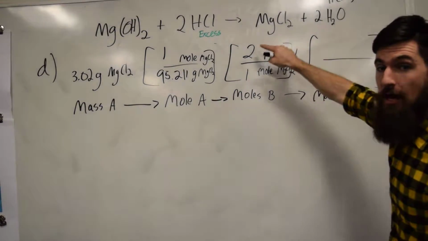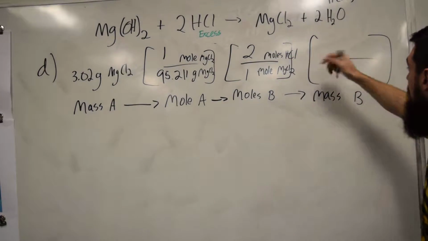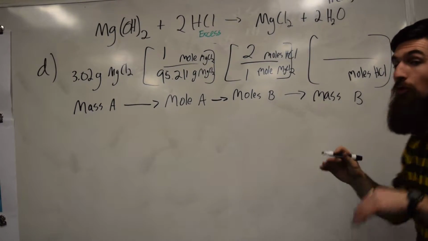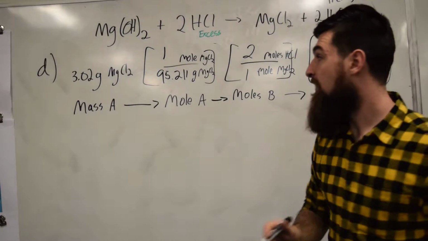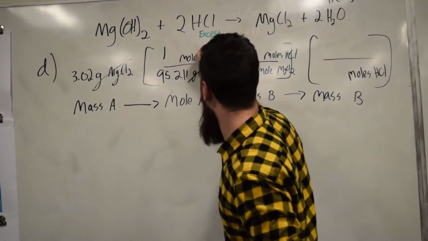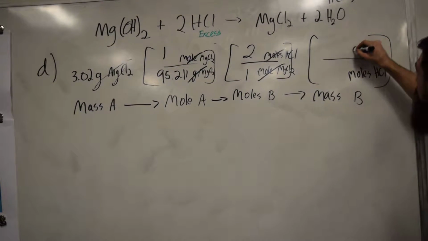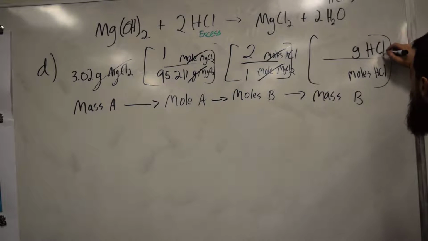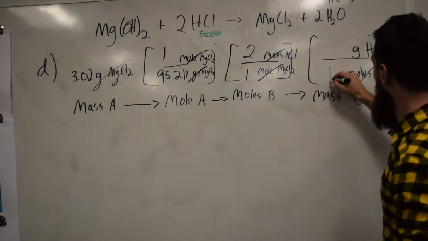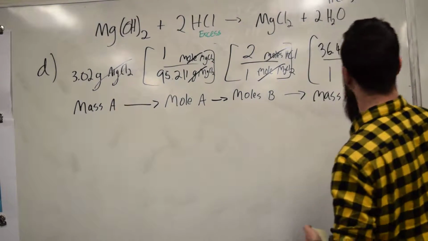Whatever unit was on top here before now goes on the bottom here. Moles of HCl was on top, so moles HCl is going to be down here. The reason I do that is so when you calculate it, all of your units cancel out, and we're left with mass of B, grams of HCl, the unit we want. 1 mole of HCl weighs 36.4 grams.